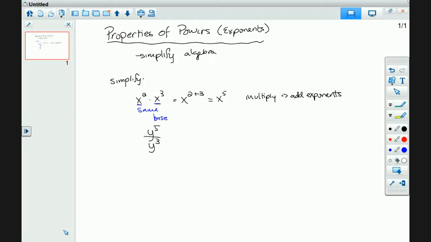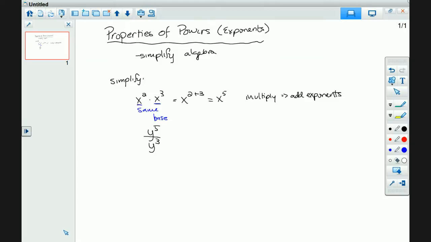Are the bases the same? Yes, they are Y, right? Now, how do I deal with that? Multiply means add. Divide means subtract.